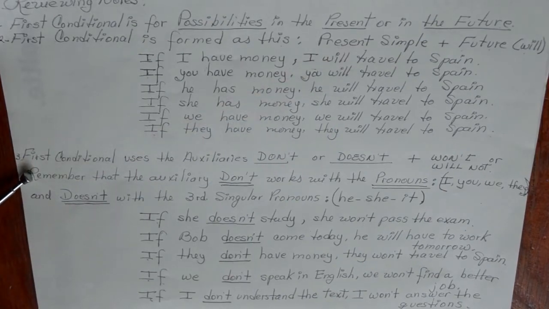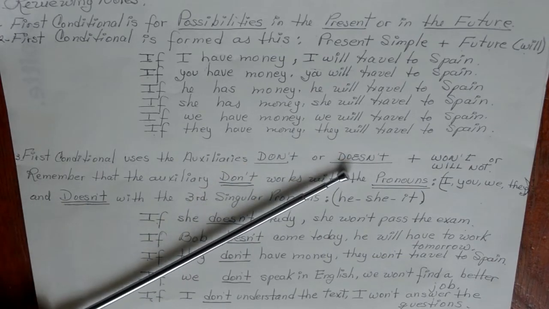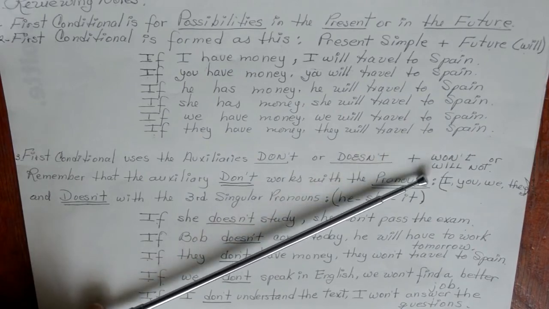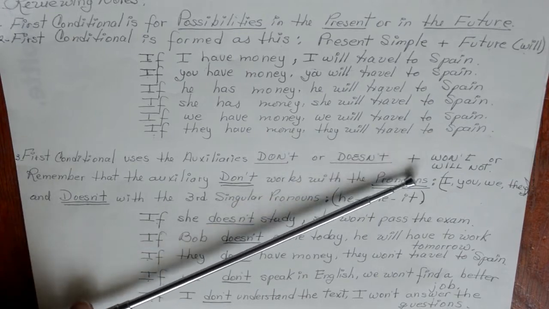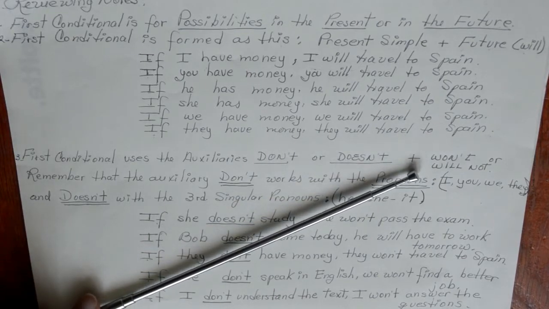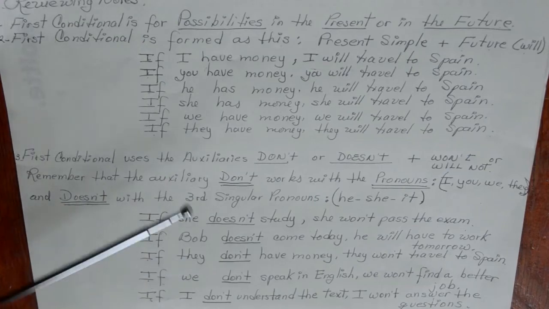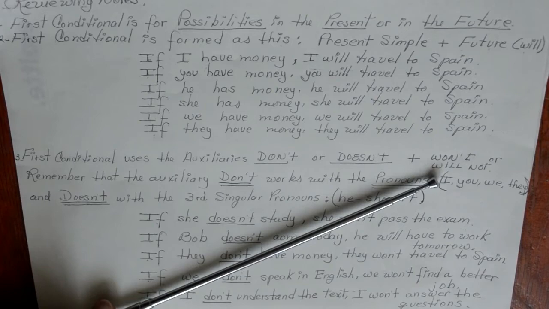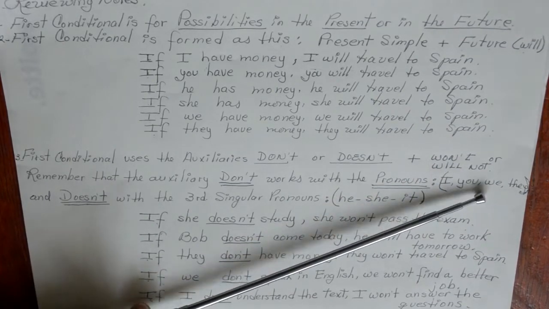First conditional uses the auxiliaries don't or doesn't plus won't or will not. It can be the contracted form or the open form. Remember that the auxiliary don't works with the pronouns I, you, we, and they.